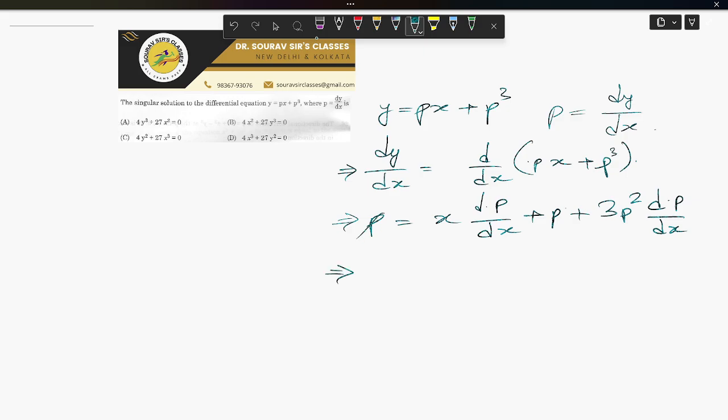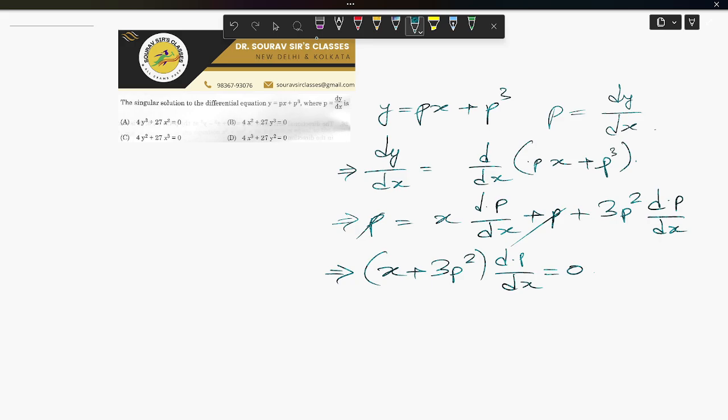So p and p cancel out, so now we will get x plus 3p square dp/dx equals 0.